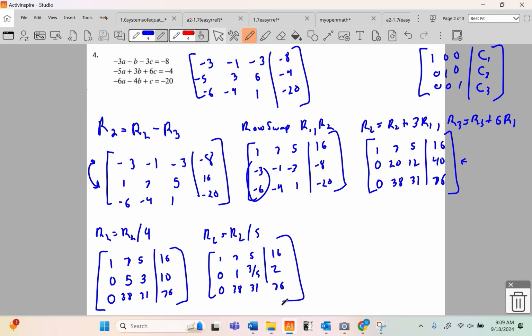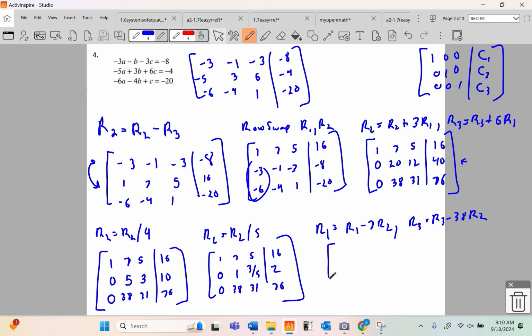Not much I can do about it. Row 1, the only operation I see is to take row 1 and subtract 7 row 2's. And while I'm at it, this needs to be a 0. Row 3 is row 3, take away 38 row 2's.